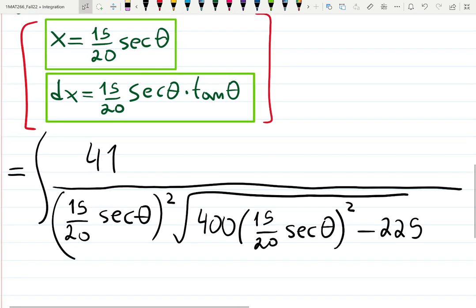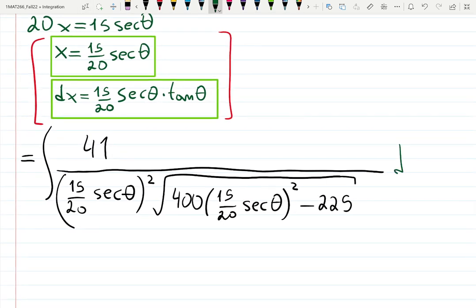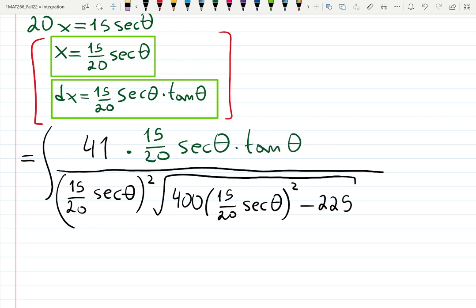That is, we only plugged x in. Where is dx? So dx will go, well, I could put it at the very end, but there's no space. I don't want to keep going over here. So I will put dx right in front of the 41. dx is in green, 15 over 20, secant theta times tangent theta d theta. Oh, you see, I forgot to put d theta in the table. D theta, like so.